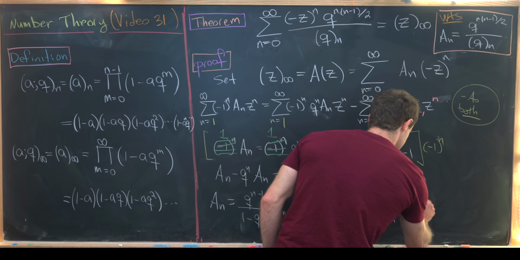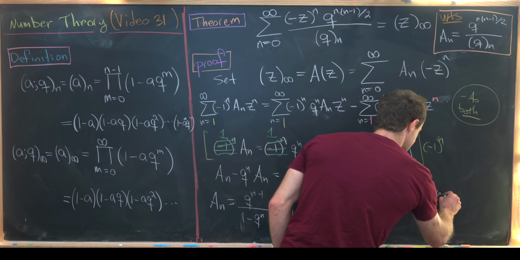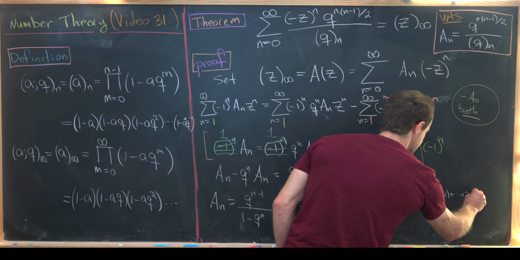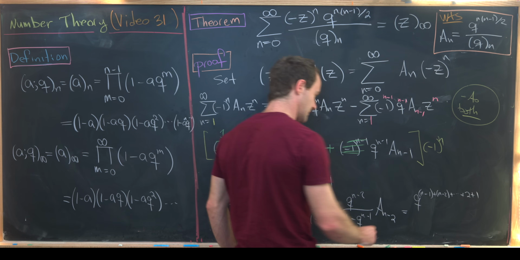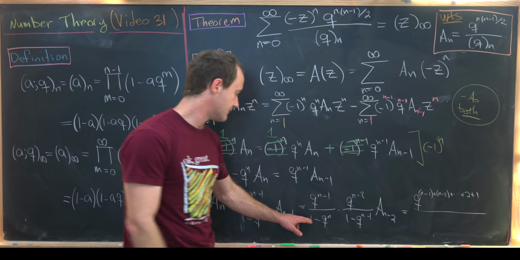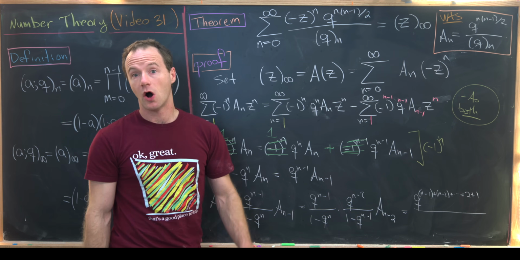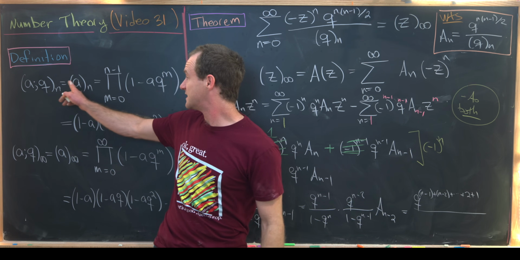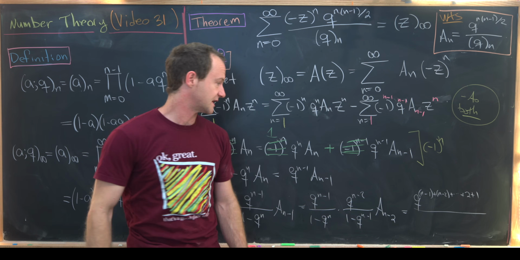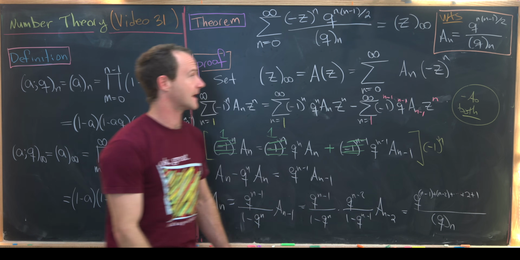That's going to give us q to the n minus 1 plus n minus 2 plus all the way down to 2 plus 1, from multiplying those numerators together, over 1 minus q to the n times 1 minus q to the n minus 1, all the way down to just 1 minus q. But that's exactly this symbol right here with a replaced with q. So we have (q;q)_n. Okay.